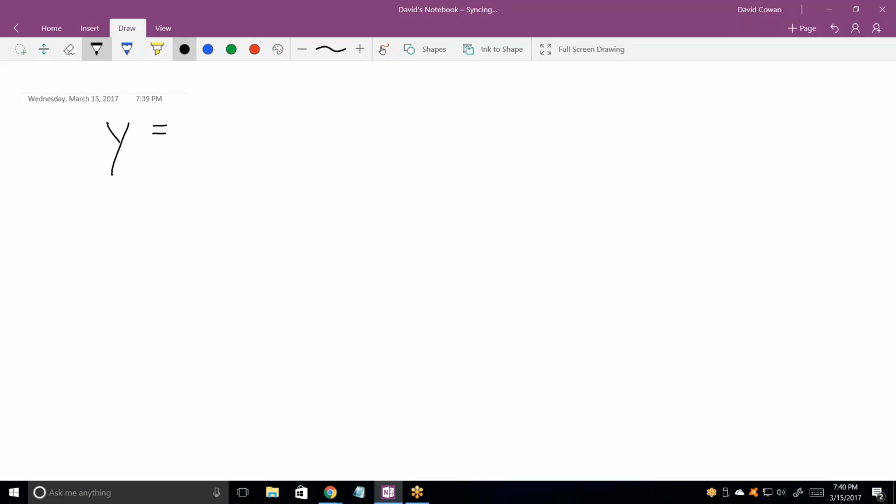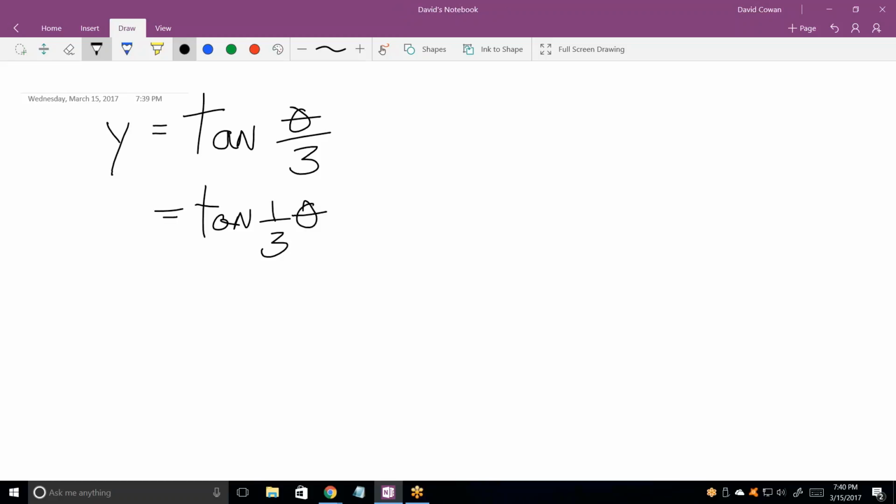Okay, so the next one is y equals tangent theta over 3, which is the same as tangent of 1/3 theta. The only reason I write it like that is because that makes b 1/3.